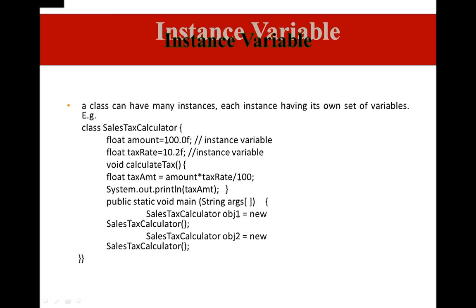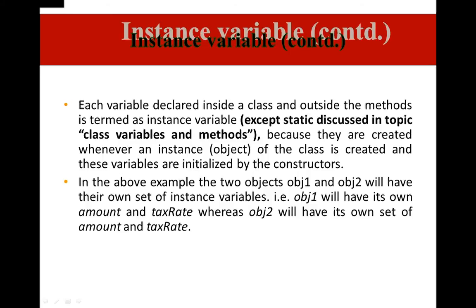And these are instance variables because whenever an object is created, these variables are unique, or rather each object is going to have its own unique copy of these variables. So when you have these instance variables, you can access them and assign values to them in three different ways.